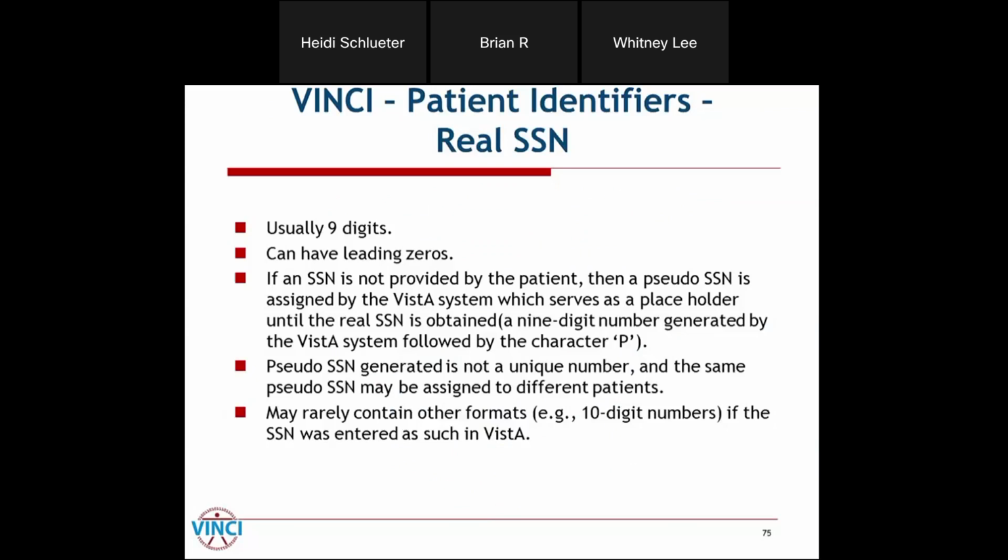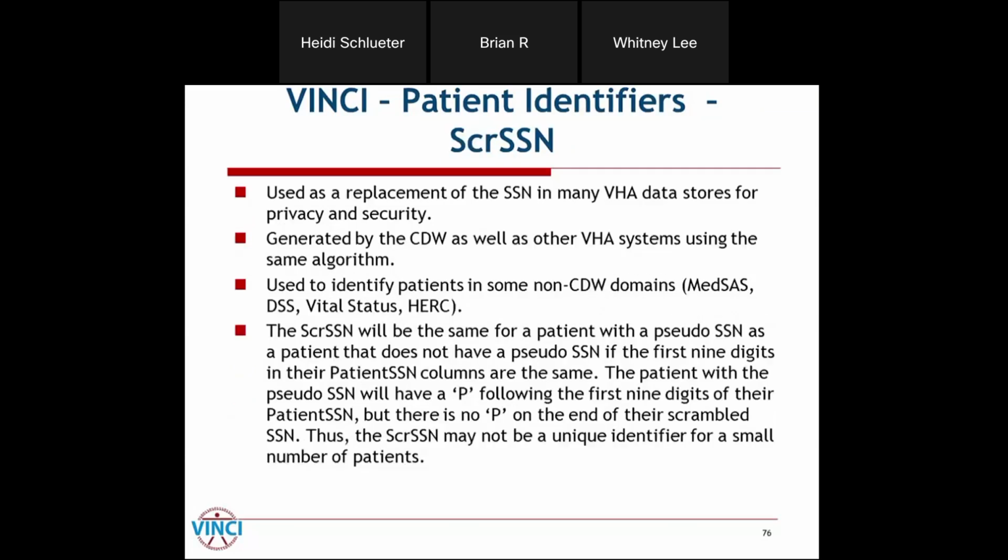So this pseudo SSN is a 9-digit number that's generated by VISTA, followed by the character P. The pseudo SSN is not unique, and so the same pseudo SSN may be assigned to different patients. The SSNs may rarely contain other formats, for example, 10 digits, if the SSN was entered as such in VISTA.